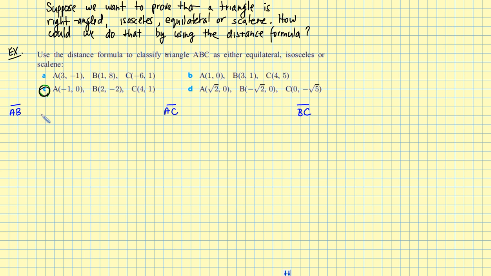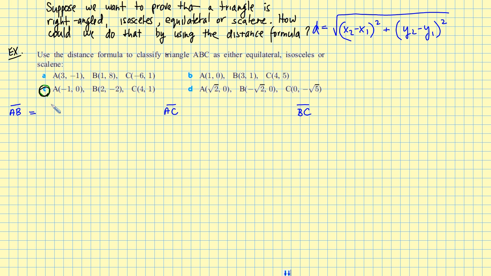All right, so I'm going to start using the distance formula. Again, I'm just going to place the distance formula up here, d equals, and I'll write it as the change in the x's, all squared, plus the change in the y's, all squared, and I take the square root of that.